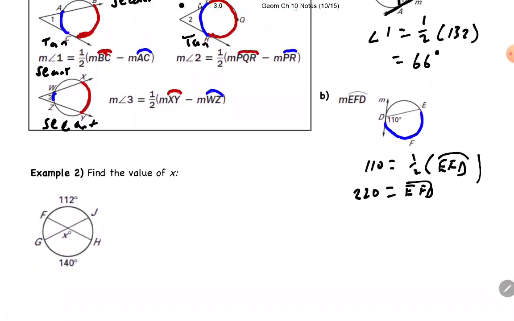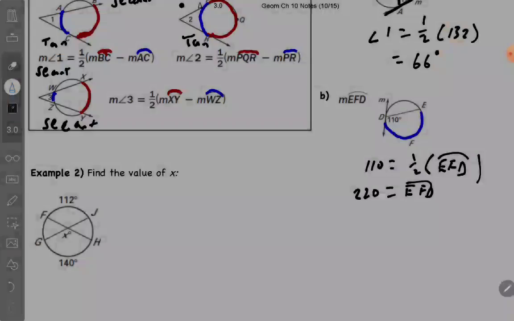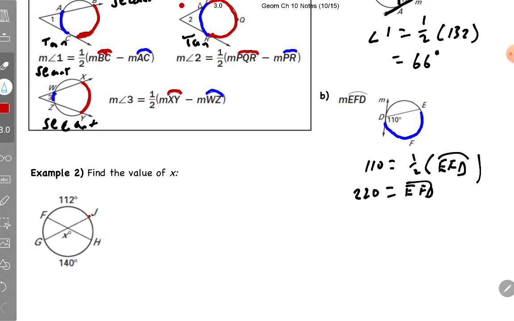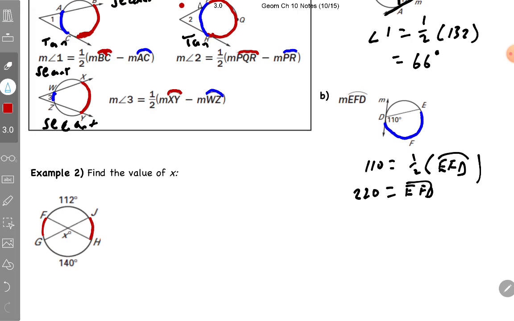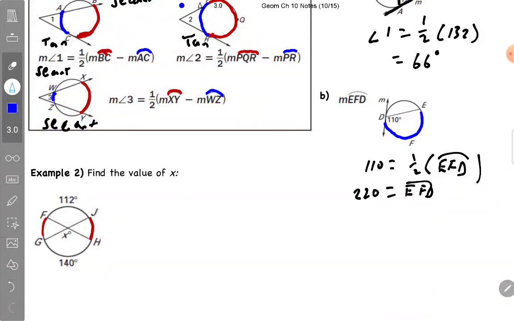Okay, example 2. Find the value of x here. Let's do that. I'm going to make these arcs red and these arcs blue.